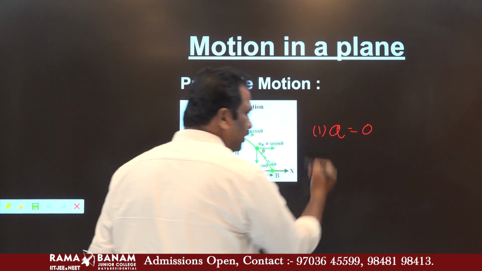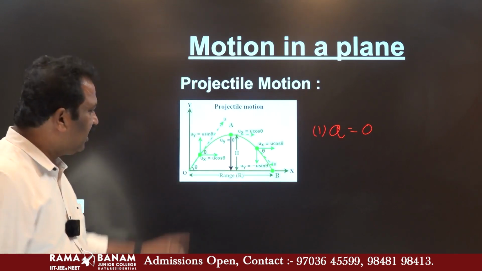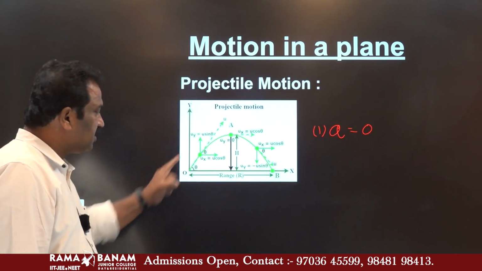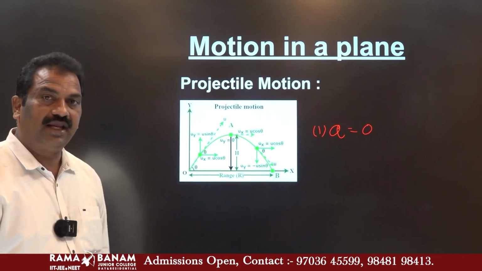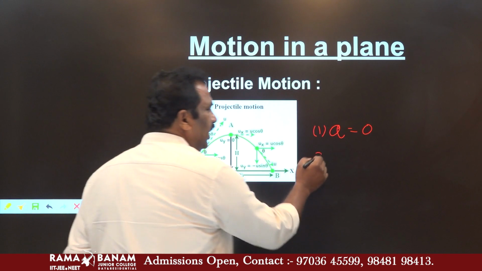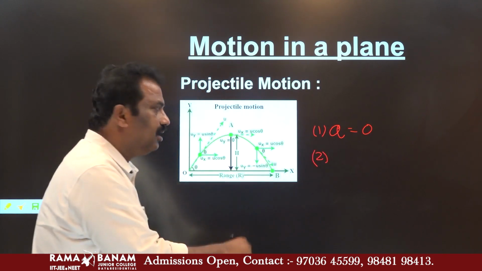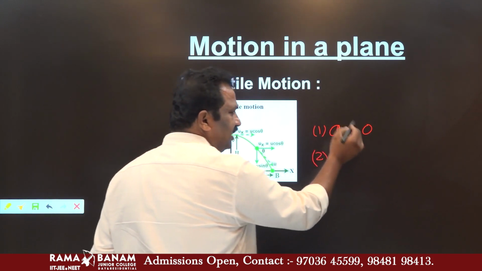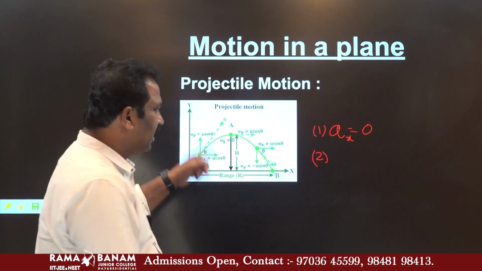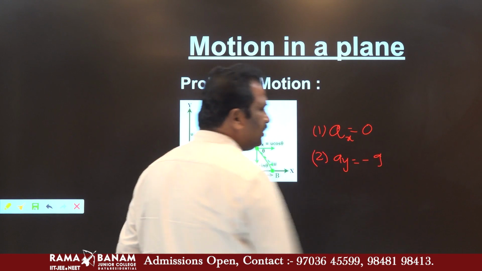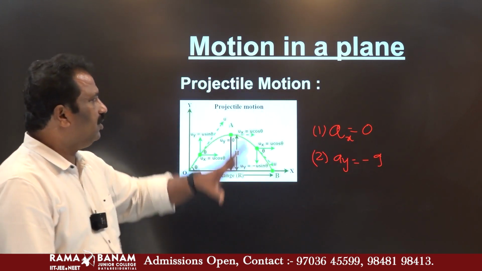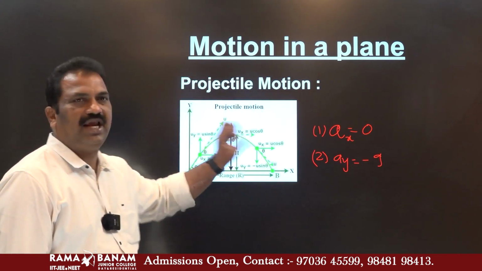And in the vertical direction, when a body is projected making an angle theta, the body is moving against gravity. So ax is equal to 0 in the horizontal direction, and in the vertical direction, ay is taken as minus g. These are the main key points we have to discuss in projectile motion.